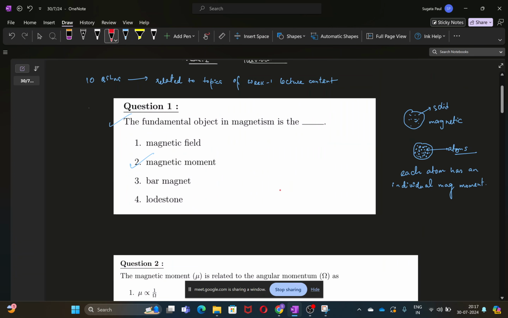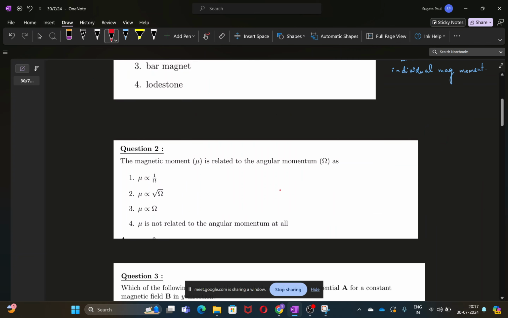So this is basically just a conceptual question. Similarly, the second one, if you follow, is also a conceptual question. Let us read that out. Question number 2 says that the magnetic moment mu is related to the angular momentum omega, or sigma, whatever you want to call it. There are 4 options given.